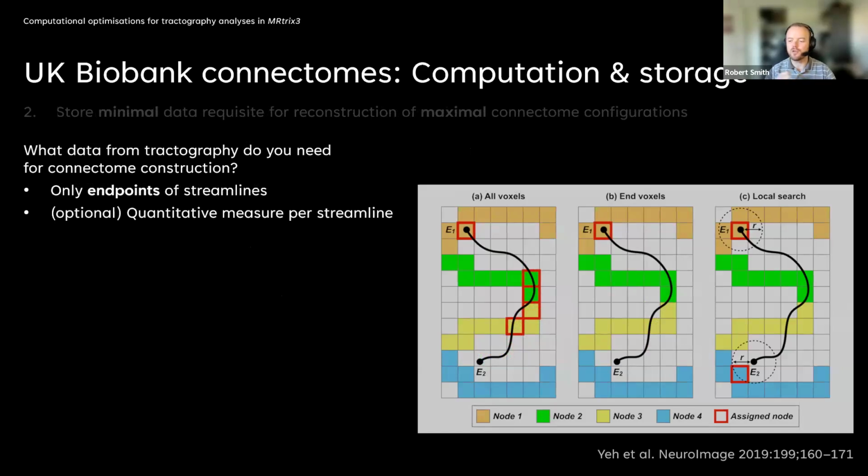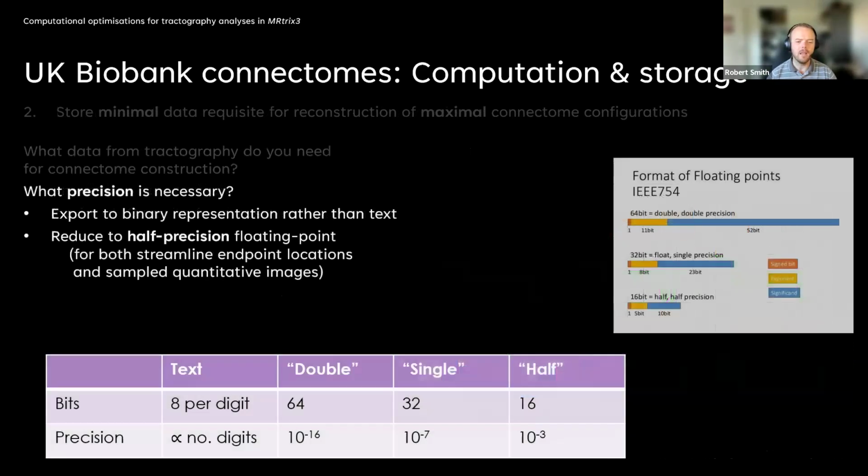When it comes to retrospective reconstruction of connectomes, we made the observation that, typically when you're generating a connectome from a tractogram, you don't actually need the full trajectory of each streamline. You just need the endpoints in order to assign them to the relevant grey matter parcels. So we didn't have to ask UK Biobank to distribute 45,000 tractograms of 10 million streamlines. We could just reduce them to the endpoints and cut that size quite substantially.